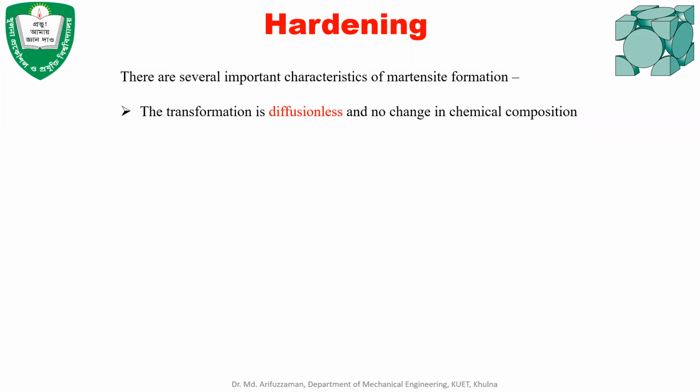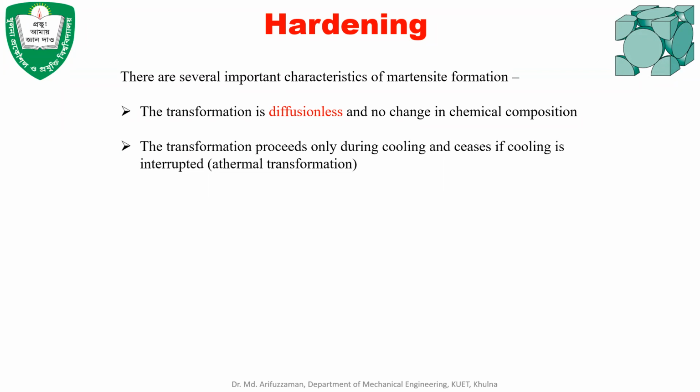In the case of slow cooling, we have seen that there are two-phase regions where austenite starts to produce alpha iron, that means ferrite, and then there is a two-phase region of ferrite and austenite, and then the eutectoid reaction takes place, and you get a pearlitic structure when you do the slow cooling. But when you do faster cooling to produce a hardened structure like martensite, there is no chemical composition change actually. Martensite is formed directly from austenite.